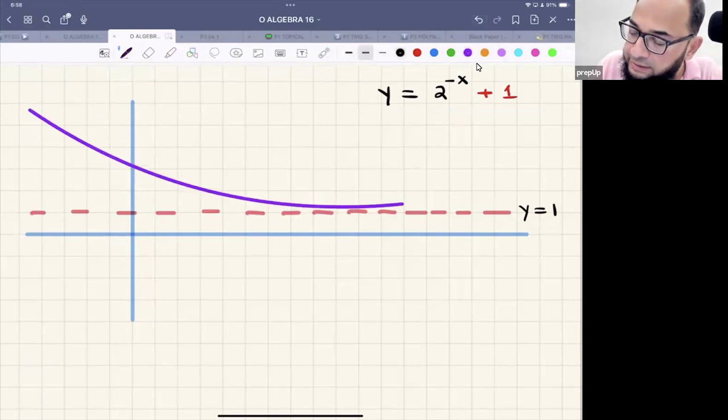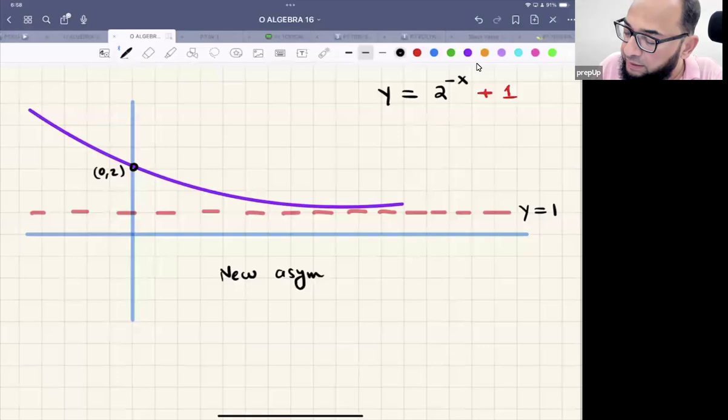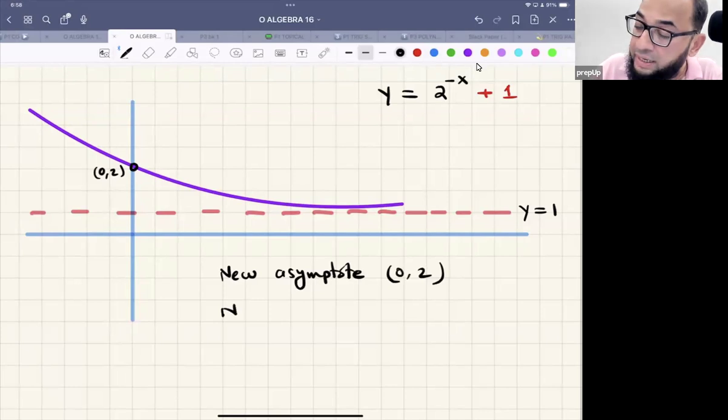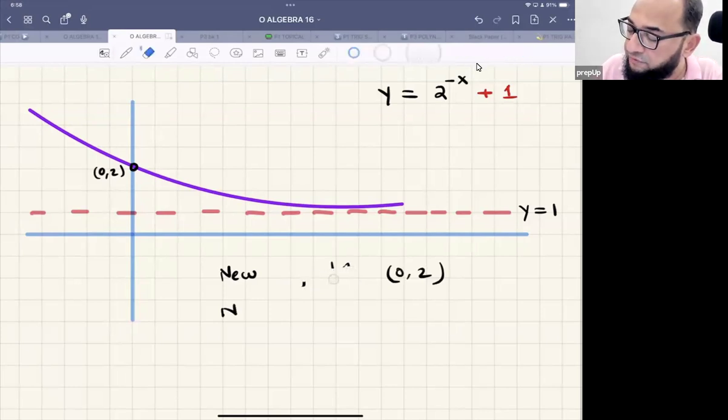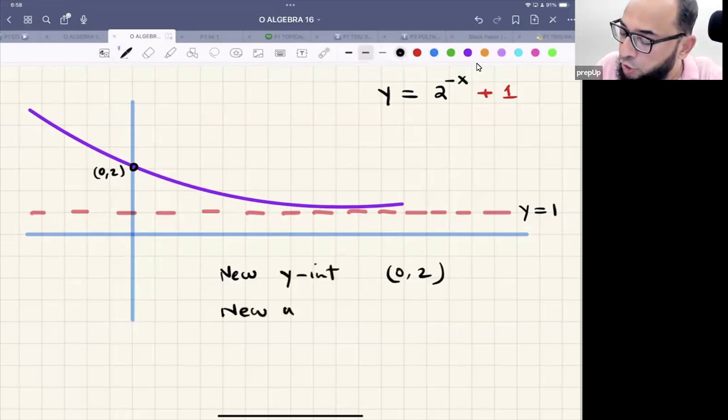So this is (0, 2). The new y-intercept is (0, 2), and the new asymptote is the line y equals 1.